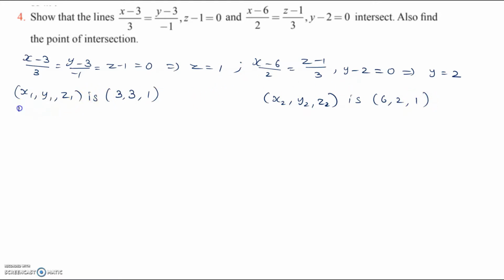Further, our b1, b2, b3, which is the direction ratios, is 3, minus 1 and 0. And here the direction ratios can be defined as d1, d2, d3 is 2, 0 and 3.